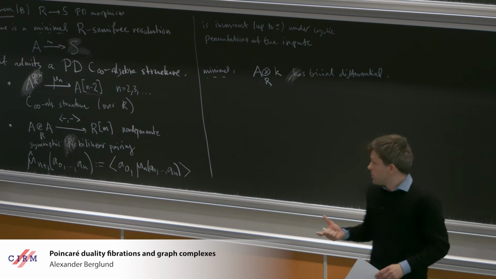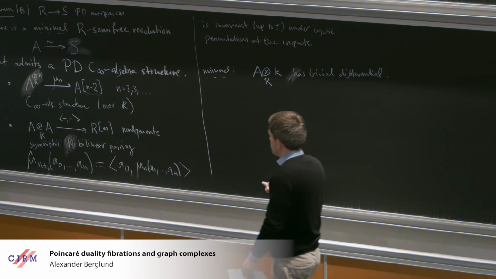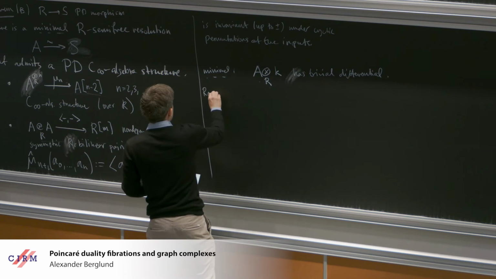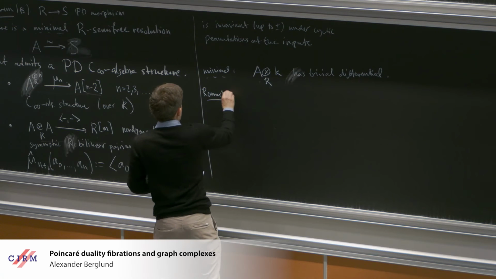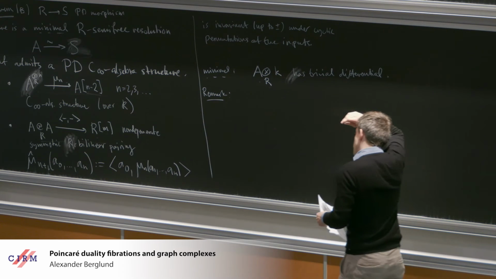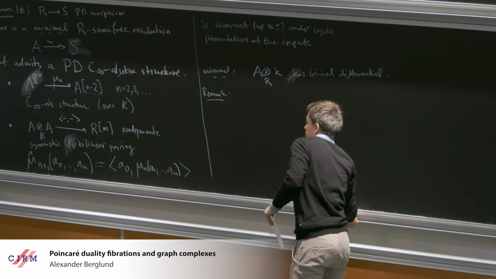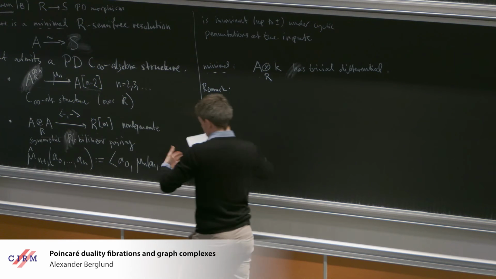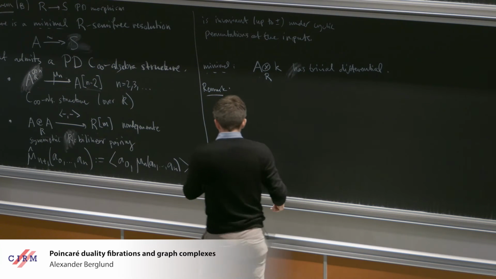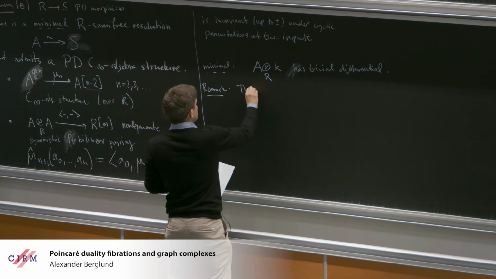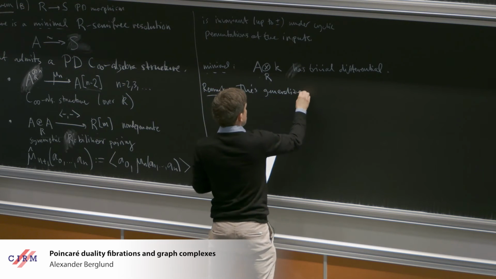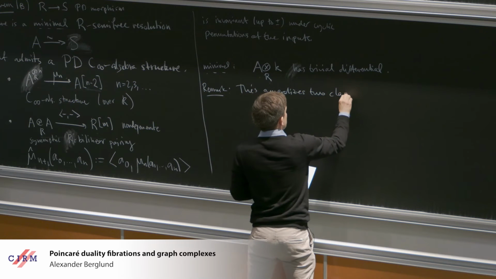So now, as a remark, this is an extension of two classical theorems. You can view this as a parameterized version of Kadeishvili's minimality theorem, but enhanced by Poincaré duality. So this generalizes two classical results.